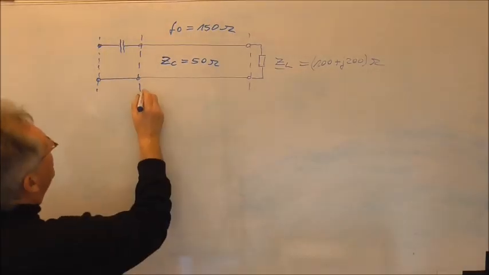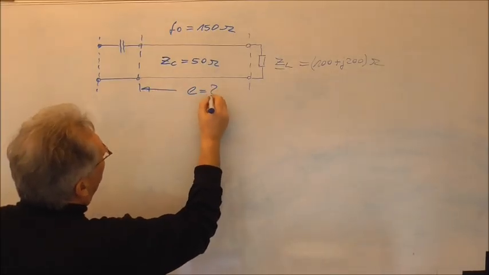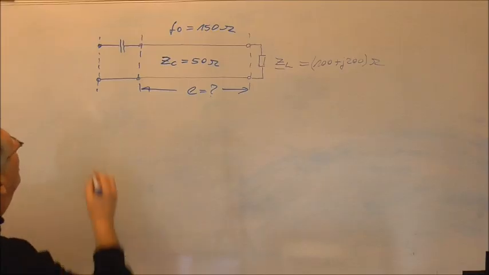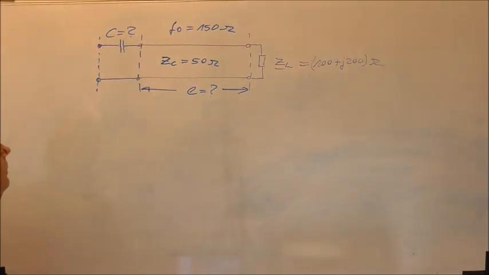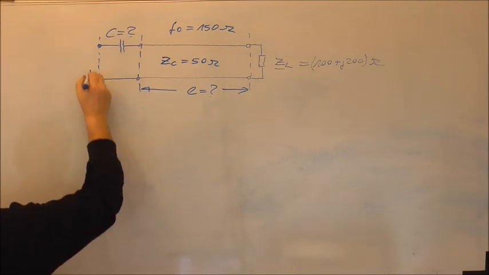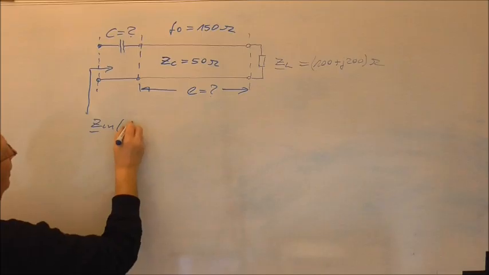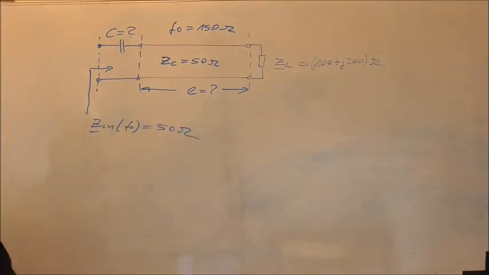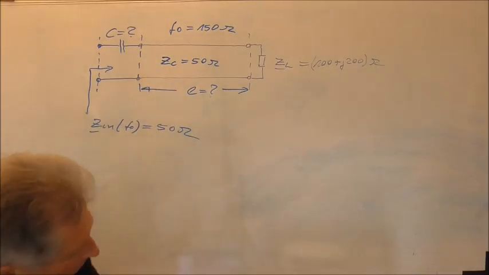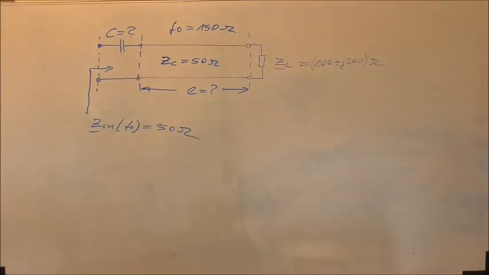And the question is how to choose the length of this transmission line and how to choose the value of the capacitor so that you have the input impedance that at F0 is 50 ohm. So this is a task you can try to solve up to our next meeting.